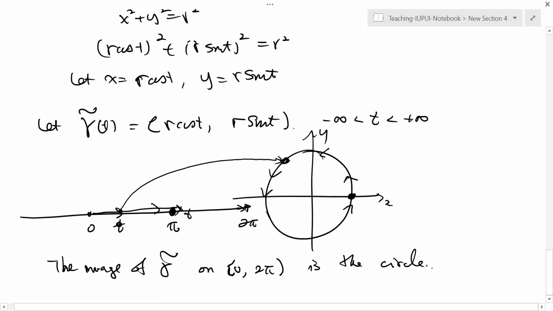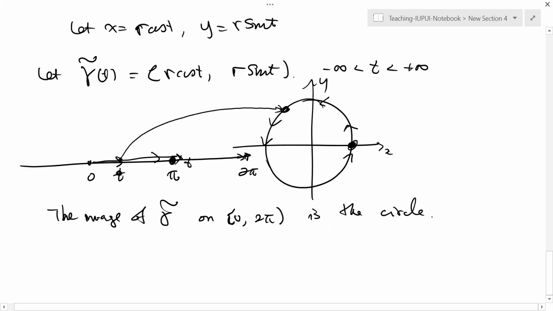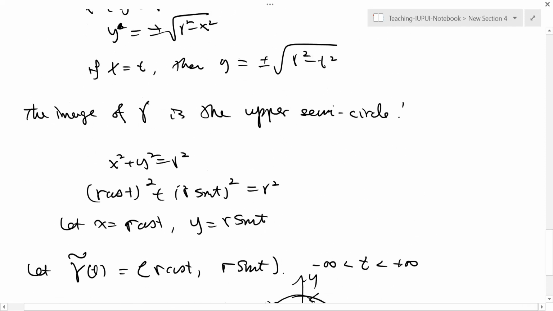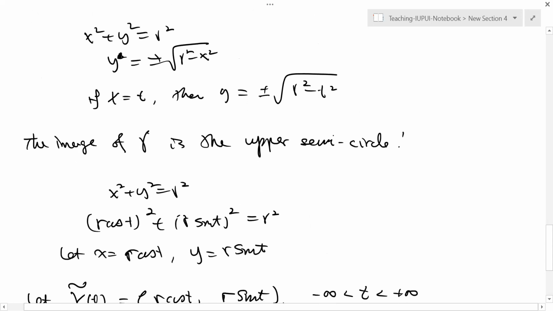Okay, I do not include 2 pi. If it's 2 pi, that coincides, there's overlap. Okay, it's a whole circle, right? The good part of this is I get a parameterization that covers the whole circle. The one above only covers the semicircle. It involves the square root.